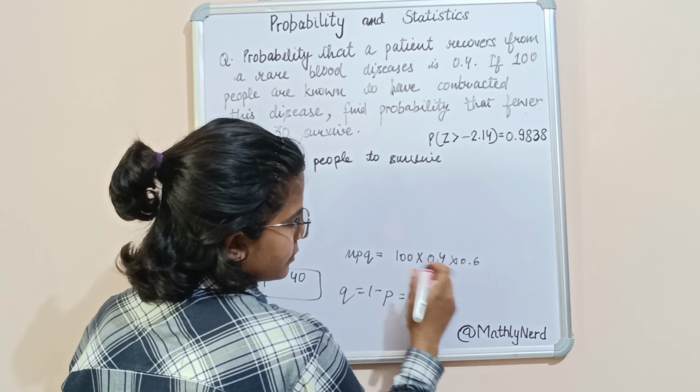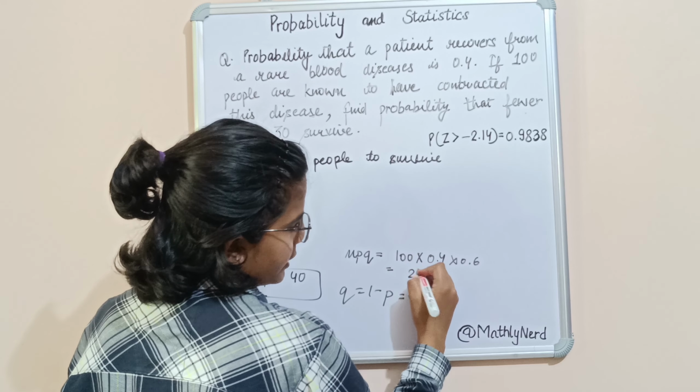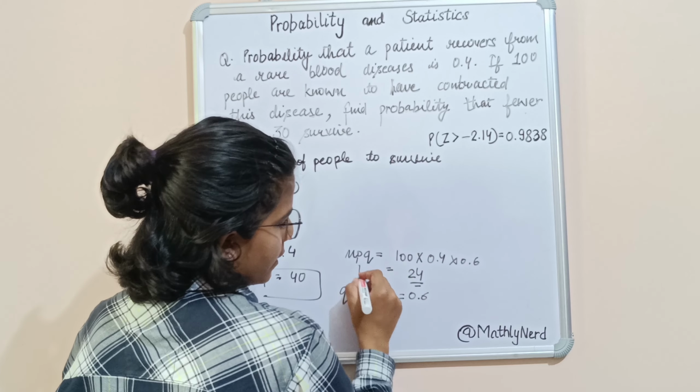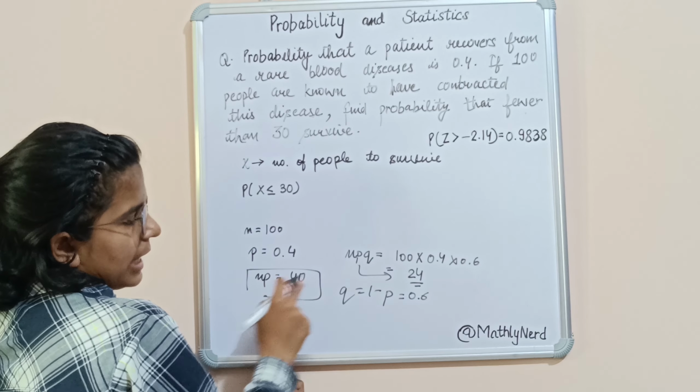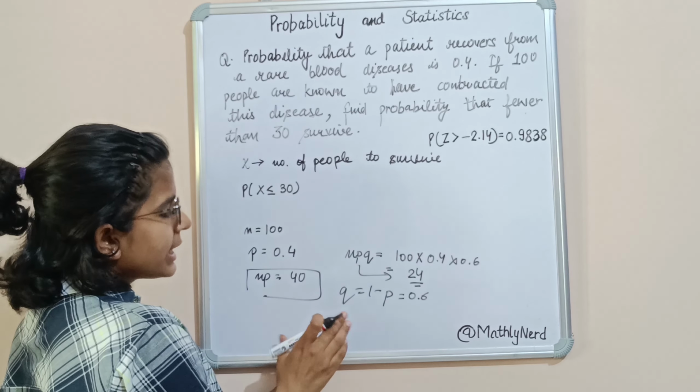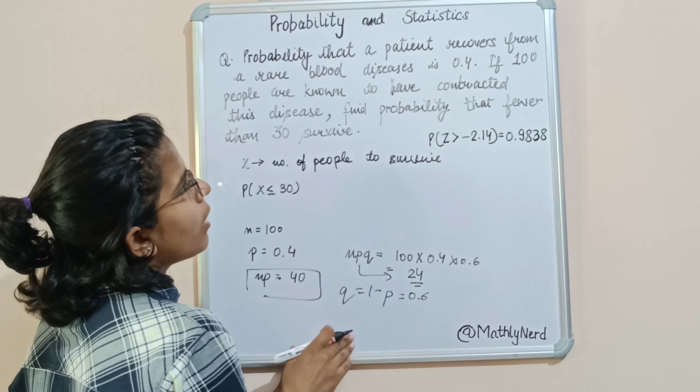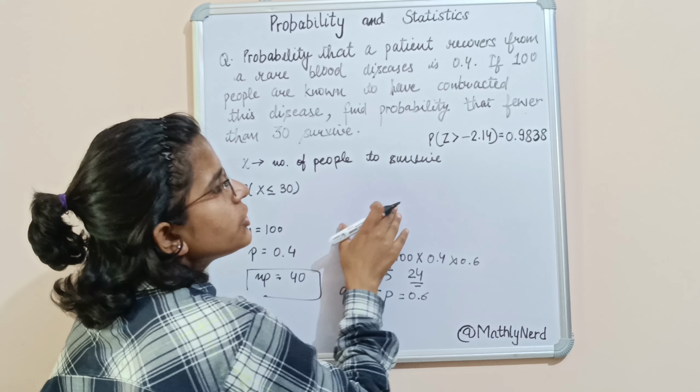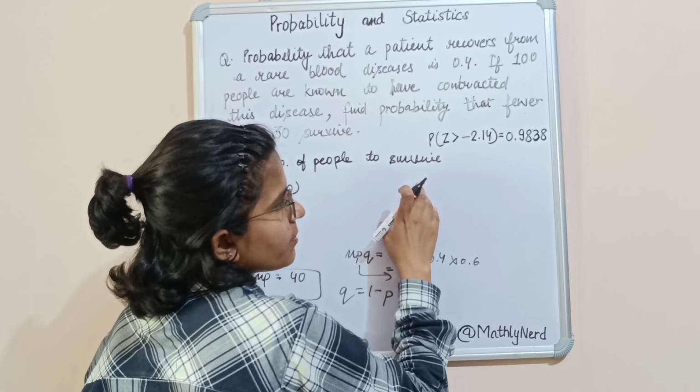So this will be equal to 24. Now both our np and npq are greater than 5, so our approximation to normal for the binomial will be good enough.